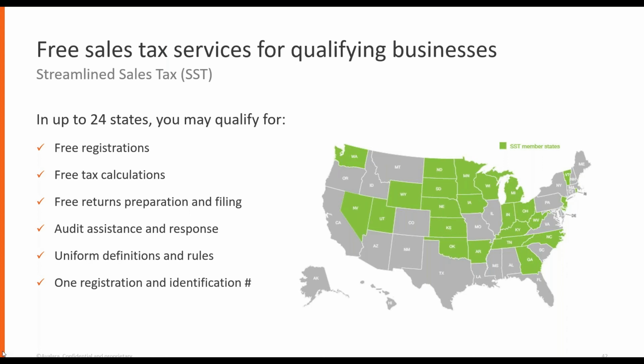Everything within Streamlined Sales Tax, or SST, as you probably have heard it, is to ensure that within these 24 states, there are commonalities: common filing deadlines or dates, I should say, and common product taxability. So when I talked about in Indiana that the candy bars were taxed the same way as Minnesota, you can see here both Indiana and Minnesota are part of SST. So hence the reason why those candy bars were taxed the way they were.